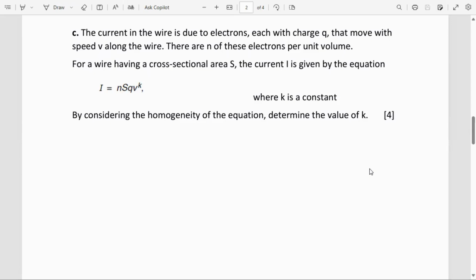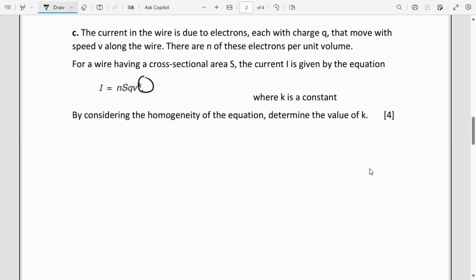So what are we supposed to do here? Our job is to find the value of K, which has been given as a power. We have to make sure we know the dimensions, because this question is under dimensional analysis, for all the physical quantities given in the equation.